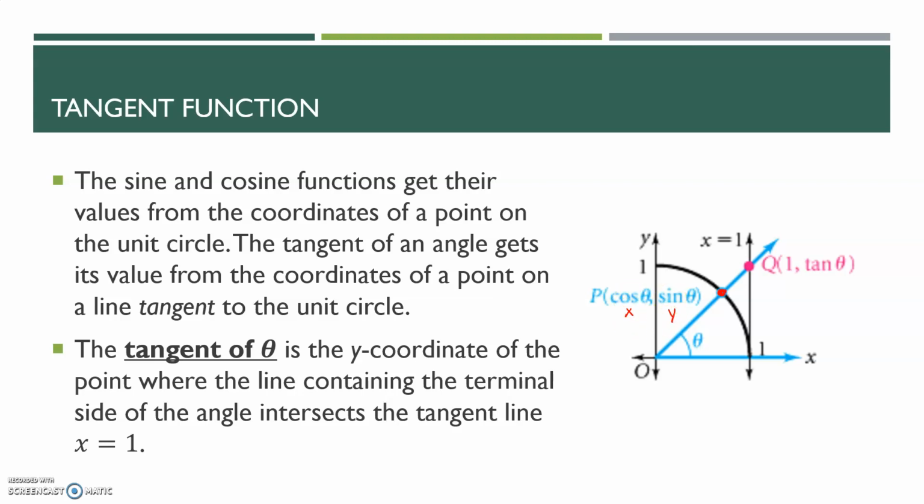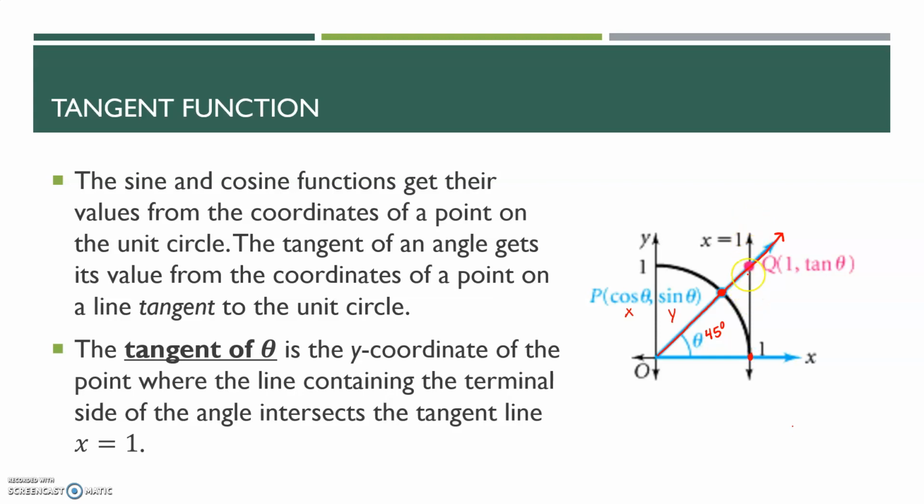But the tangent of an angle gets its values from the coordinate of a point on a line tangent to the unit circle. If I draw this theta line and continue on past the unit circle, maybe this is 45 degrees, for example, I would get my point of radical 2 over 2, radical 2 over 2, but then I keep going and reach a line that is tangent to the unit circle on the x-axis.